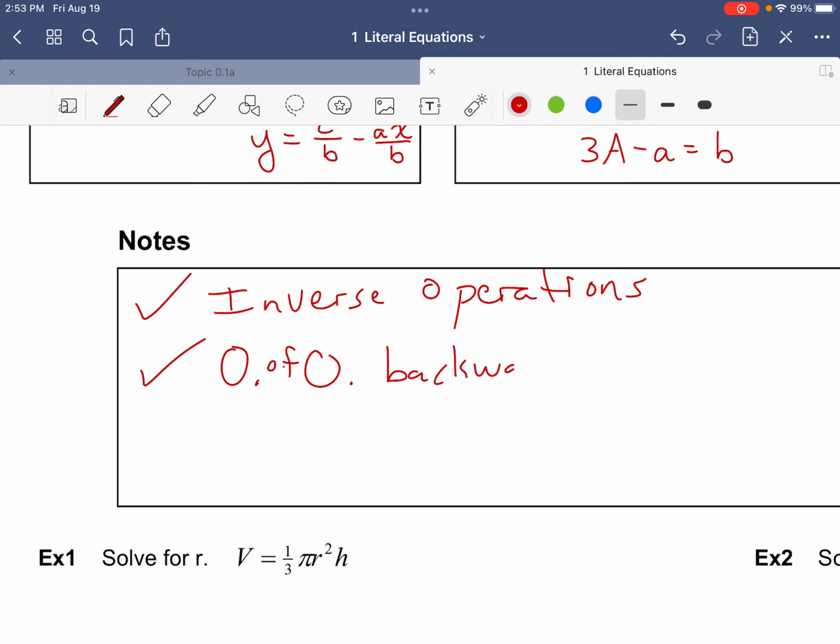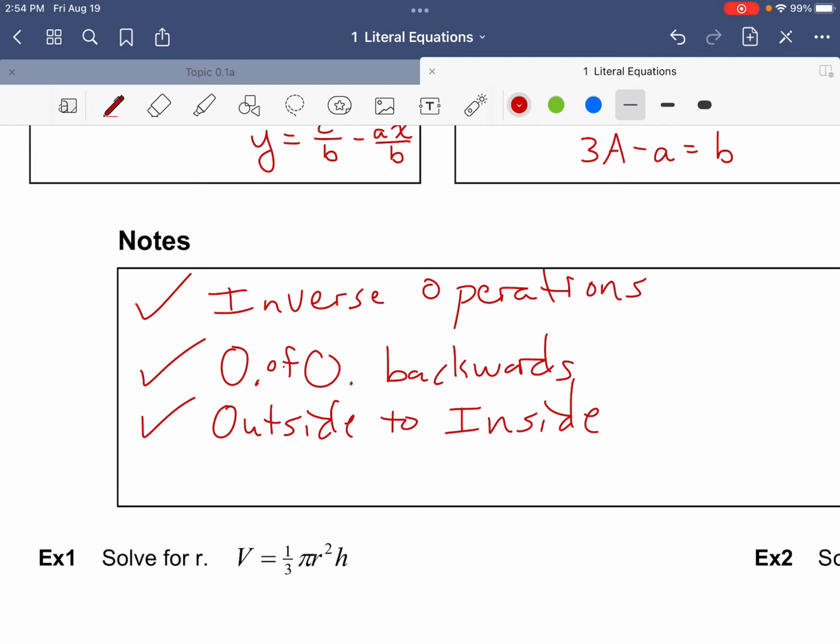And you could also argue that I worked from the outside of my equation to the inside. It's hard to summarize that in just a few words, but it is true that when you're solving an equation, those are going to be your common strategies.